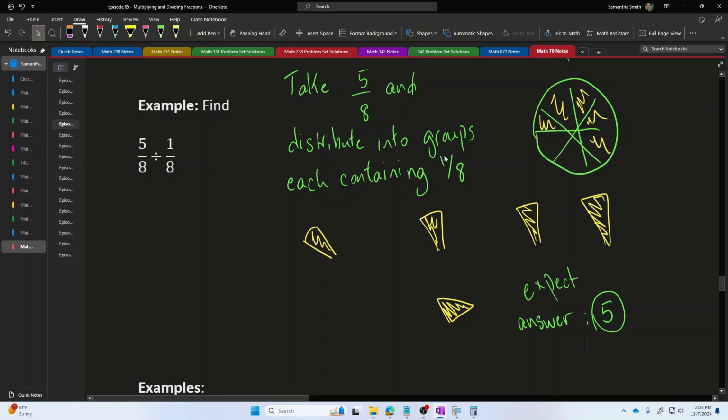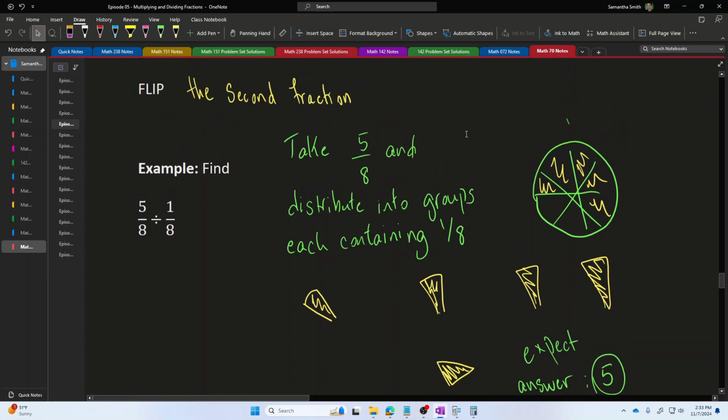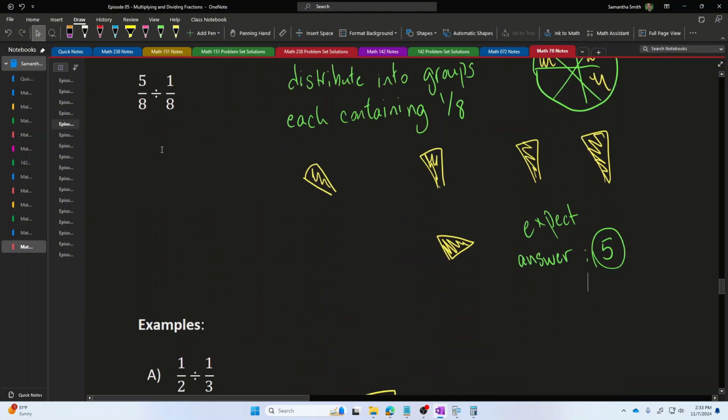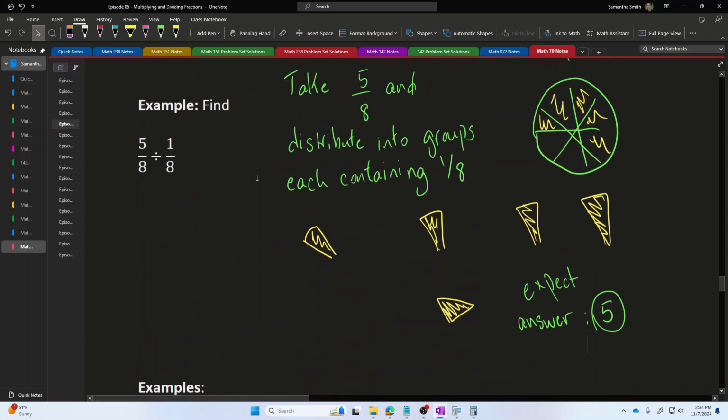Now let's see if we get an answer of 5 in this problem from this KCF process. Let's see if we get an answer that makes sense here. Now, if I keep the first fraction, change the operation, and flip the second fraction, I get 5/8 times 8/1.